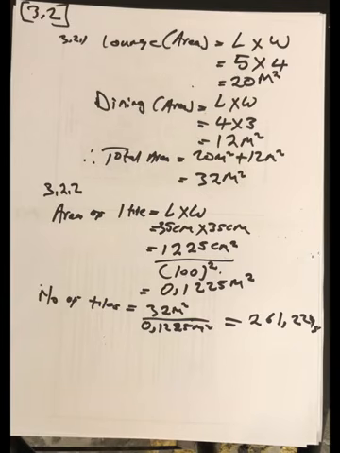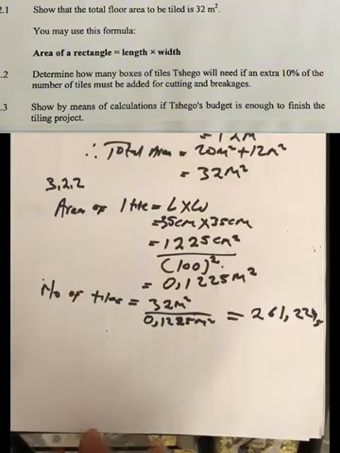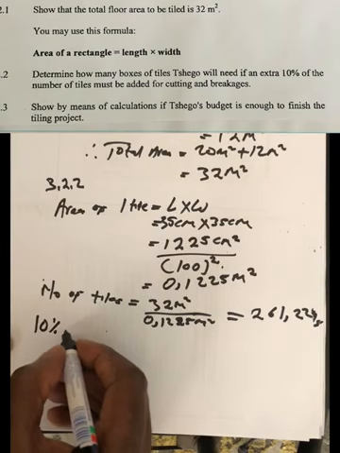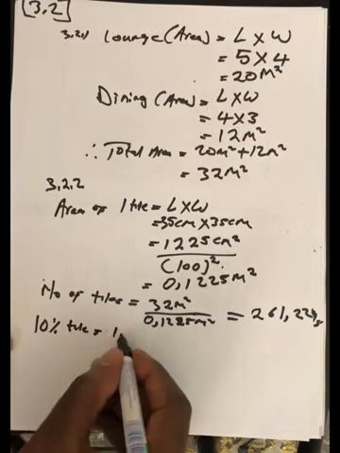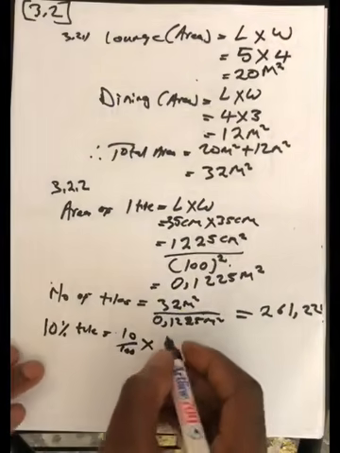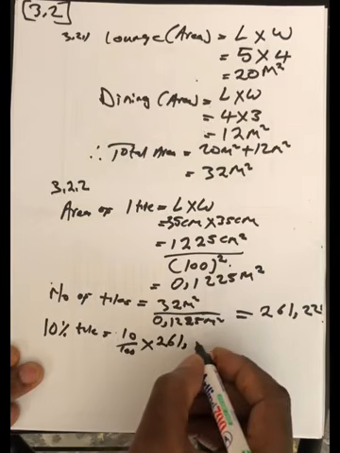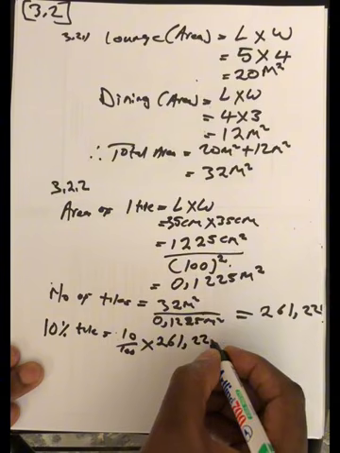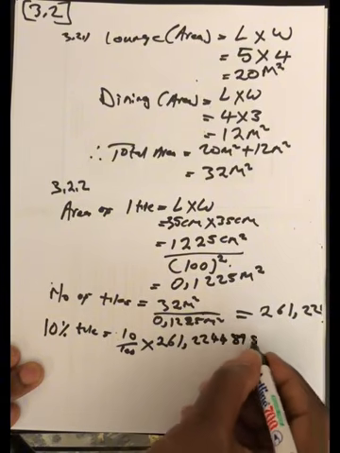But looking back at the question, they say they need 10% more. So now let's calculate 10% more of this. We're going to say 10% of tiles is going to be 10 over 100 multiplied by the previous answer, which was 261,22,44,898.